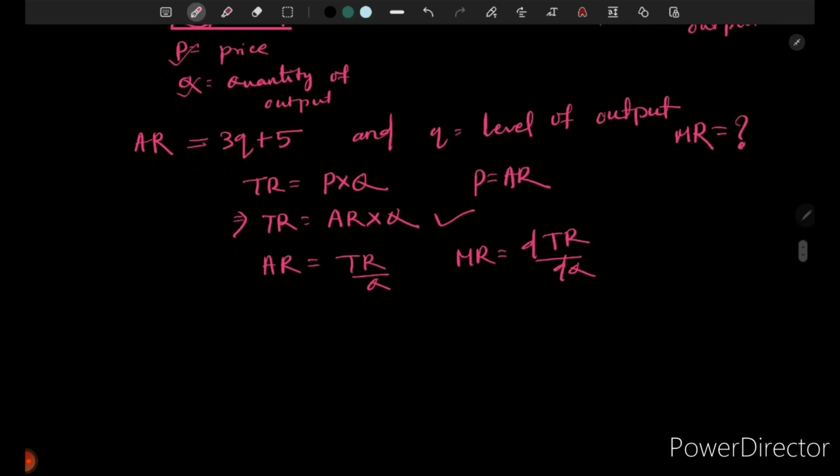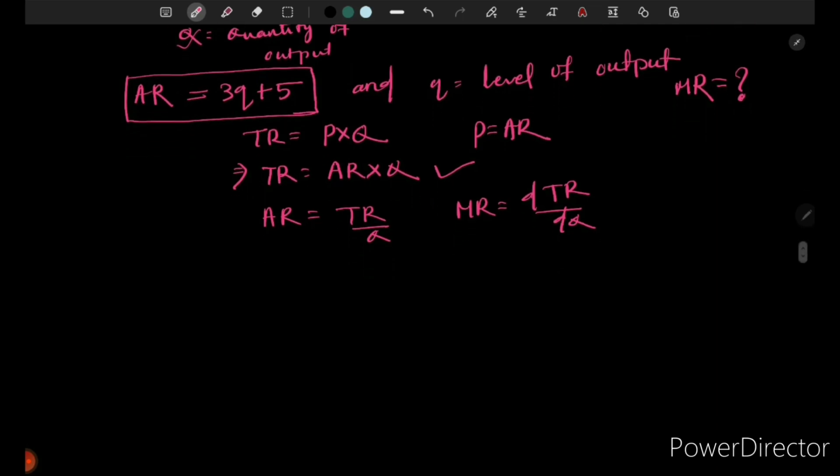So we are given the AR function. That means from this function we can easily find the TR, because we know TR equals AR into Q. So I'll write here that AR is given as 3Q plus 5 into Q. I'm using small q here because the output is given in small q in the question.